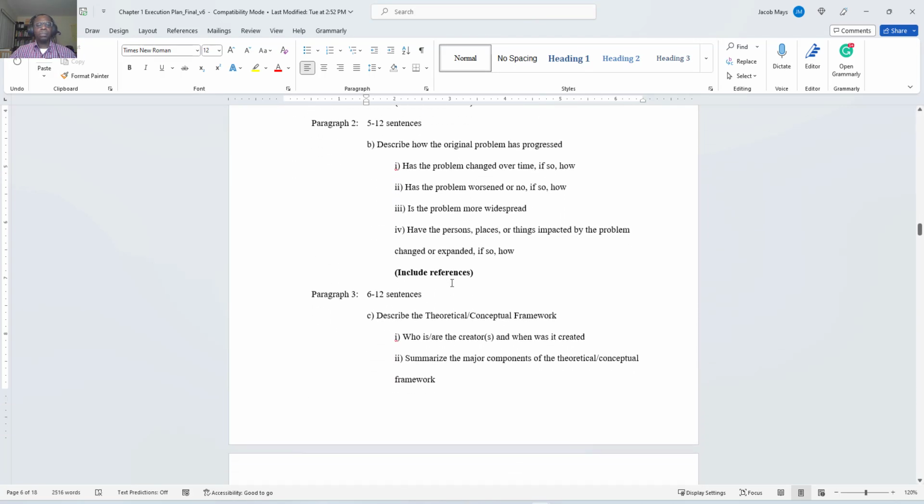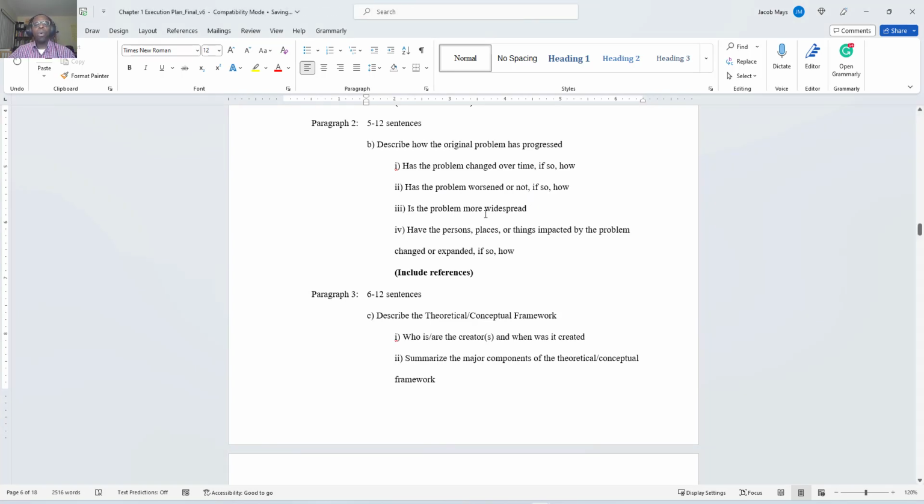Second paragraph. Describe how the original problem has progressed. So, specifically, has the problem changed over time? If so, how? Has the problem worsened or not? If so, how?